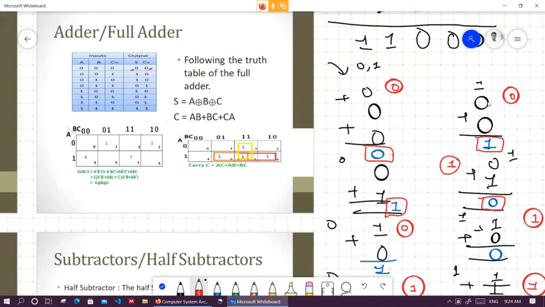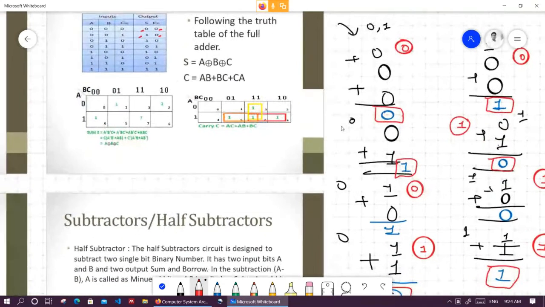Then second case, when your carry is 1 and this is 0 0, then sum will be 1 and carry out will be 0. Fine. Now third is 0 1 and carry in is 0, so 1 is the sum and 0 is the carry.